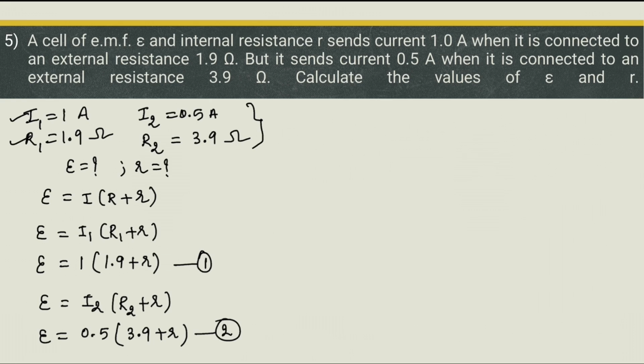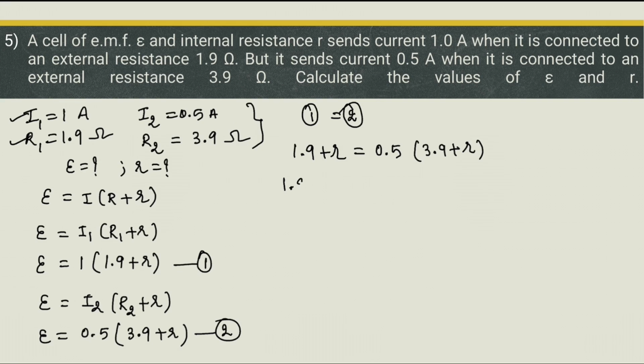Since equation 1 and equation 2 have the same left hand side, we can equate these two, and we get 1.9 plus small r is equal to 0.5 into 3.9 plus small r.